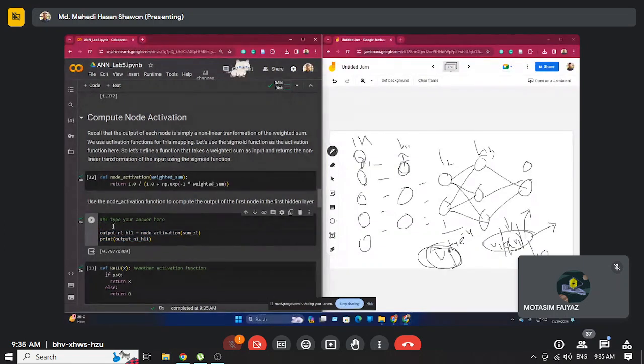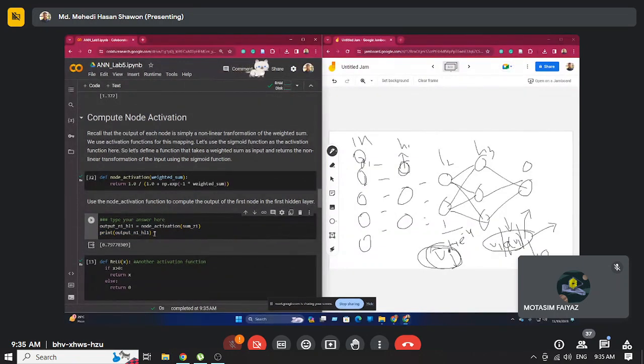Can you hear me? So what does this output actually mean? Whatever output we get from here, this output might go to another layer.